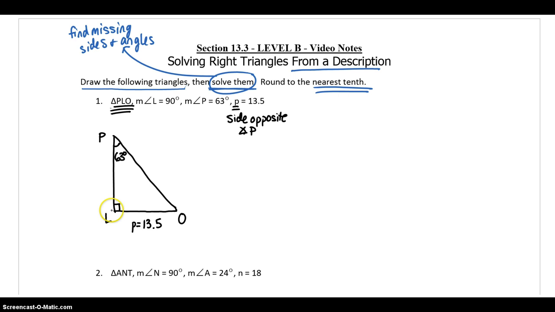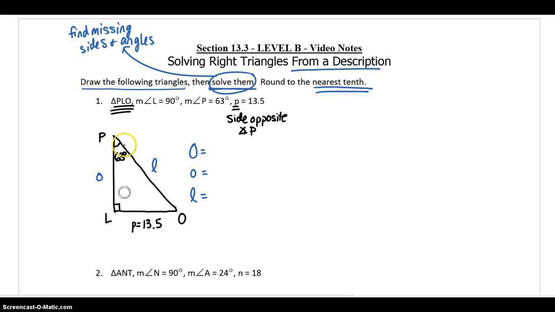Well, I know angle L is 90 degrees, I know angle P is 63 degrees, but I don't know angle O, so that's going to be one thing I need to find, angle O. And then I know side P is 13.5, but I don't know side O or side L. I'm going to do a cursive L so it's not as confusing. Alright, so I need side O and side L too.